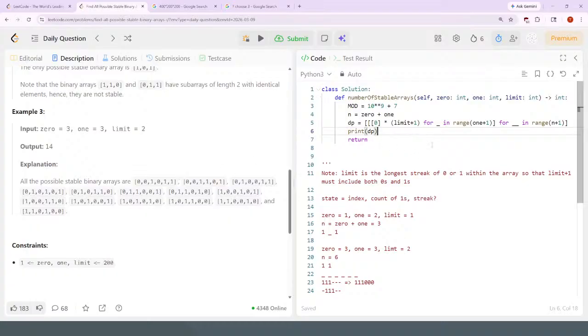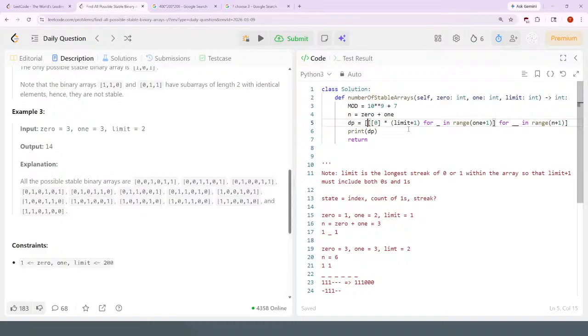Second dimension is the number of ones used, and third dimension is the current streak of zeros or ones. I wonder if that needs to be limit times 2. Because I need to differentiate between the current streak of zeros versus the current streak of ones. Can't just use it by itself.